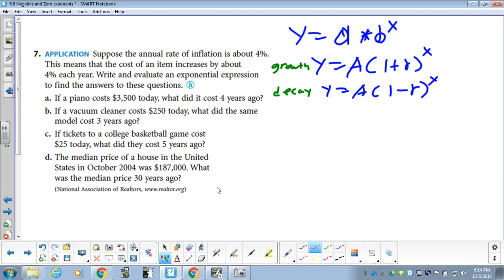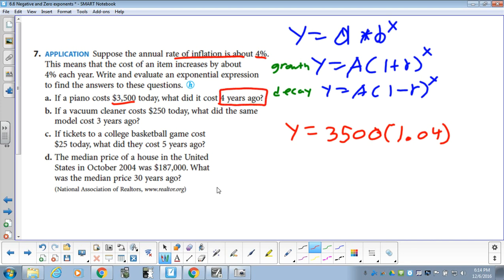So 3,500 today, what did it cost 4 years ago? So y equals 3,500 times, and we know we have an increase of about 4% each year, so that's 1.04, and we want to know about 4 years ago. That's 4 years in the past. It's going to be a little bit cheaper. We're going to put that to the power of -4. And then you plug that in your handy dandy calculator device.